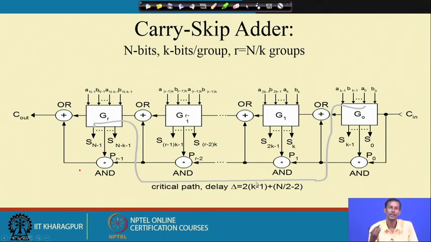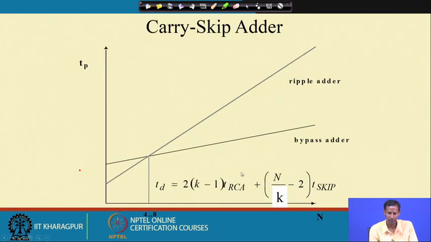Okay. So, the delay, or the critical path, has been reduced by a factor of 4, if I consider k equals 4. Now if you just see the curve, for the ripple carry adder, this is the corresponding values of n, and this is the corresponding critical path.